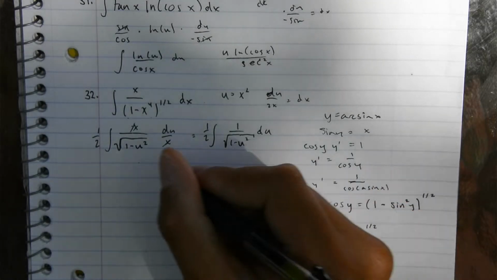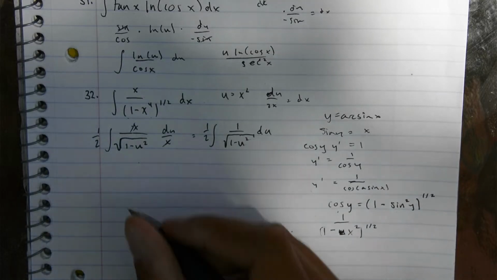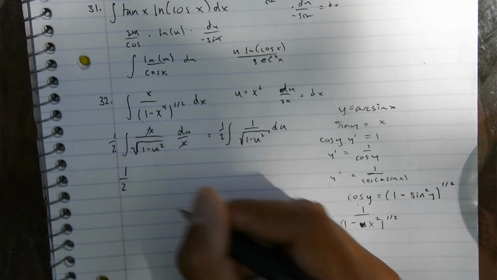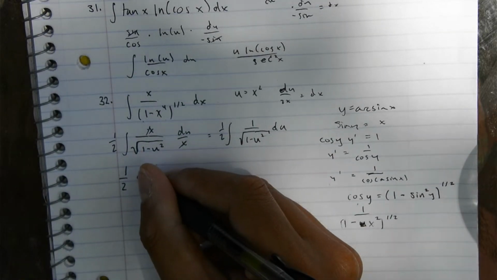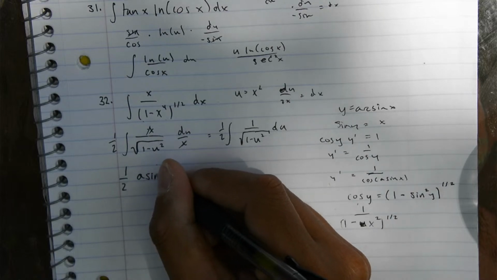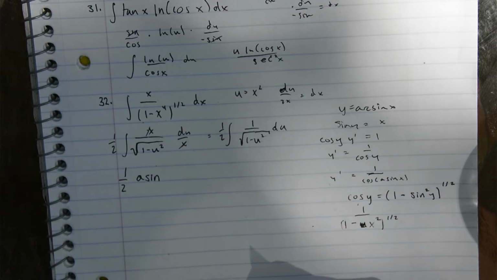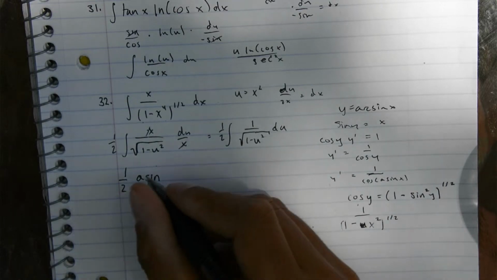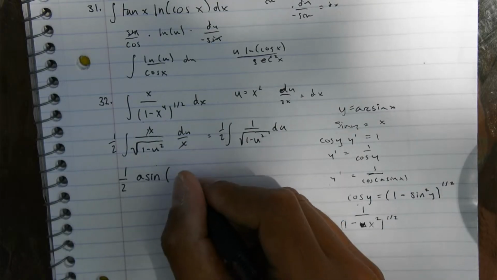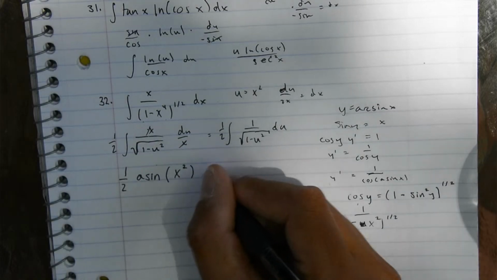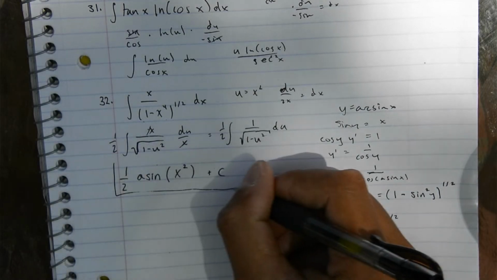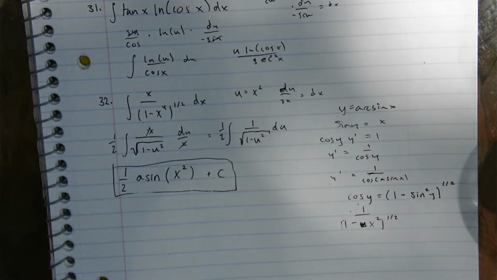So then we know we're going to get 1/2 arcsine x squared plus c. Wow, that's a pretty brutal one.